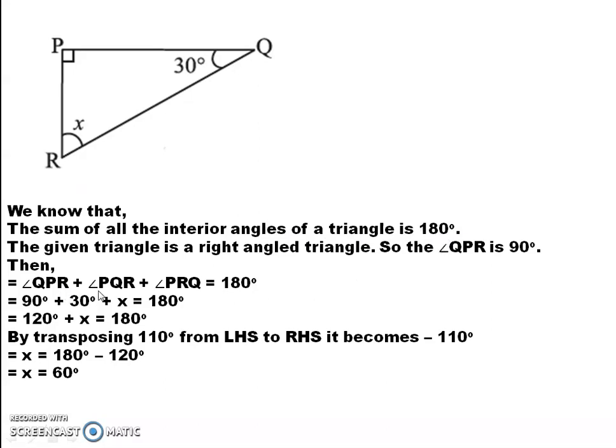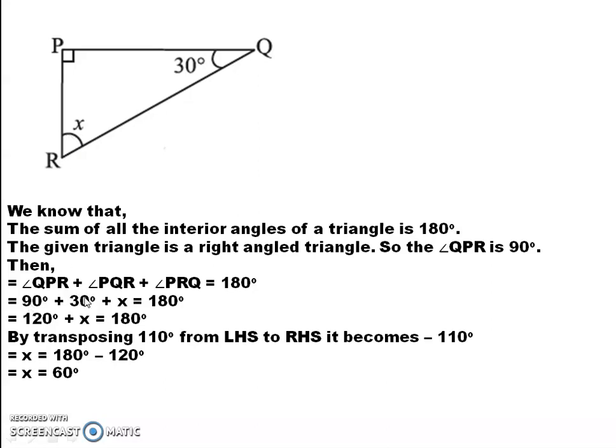Now, as we did in the previous question, we will write angle QPR plus angle PQR plus angle PRQ is equal to 180 degrees. Substituting the values given in the question, angle QPR is 90 degrees, angle PQR is 30 degrees and angle PRQ is x.